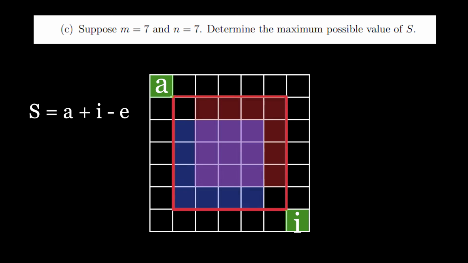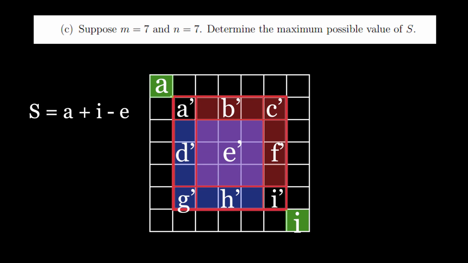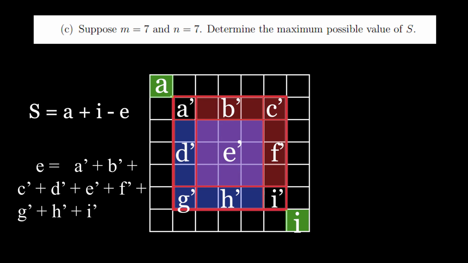Now, let's do the exact same thing. We'll label the center square as E', the four stripes as B', D', F', and H', and the corner squares as A', C', G', and I'. They add up to E, the sum of the 5 by 5.